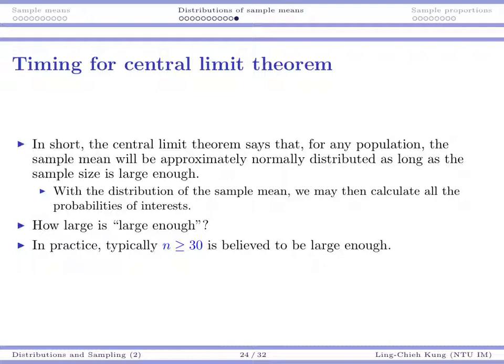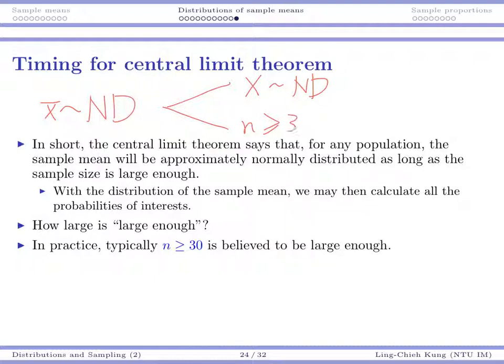So very quickly, let's make a summary. There are two ways to say that your sample mean is normal. Either your population is normal, or your sample size is large enough. And how large is large enough? In practice, we typically use 30 as the criterion.